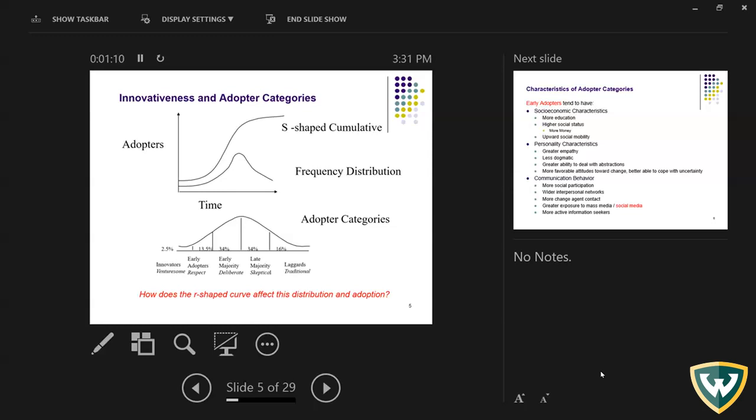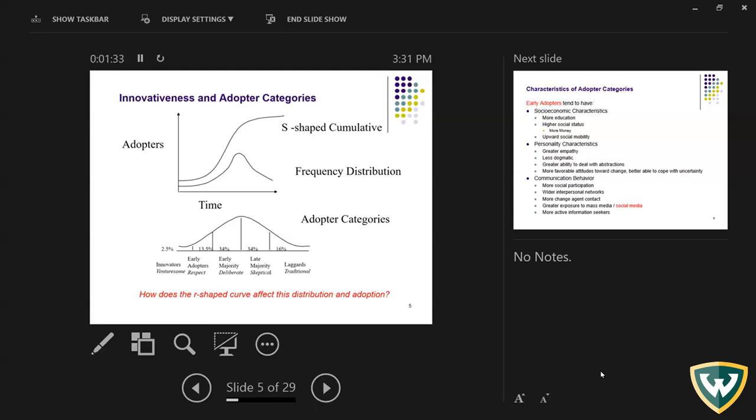So in the middle of the bell-shaped curve, you've got a little more than half of the population of the adopters. And then on the ends, you see a normal distribution of leveling out, where on the one side we've got 15, 16%, on the other side we have 16%.